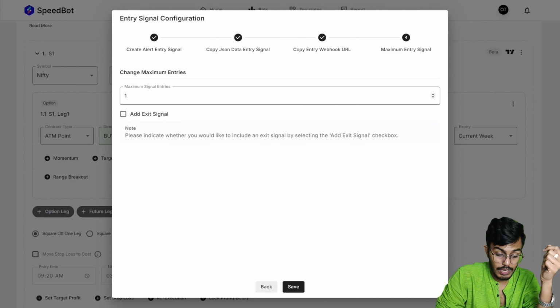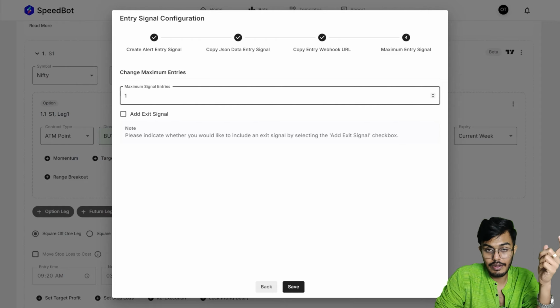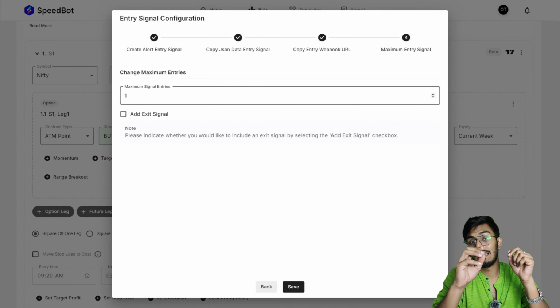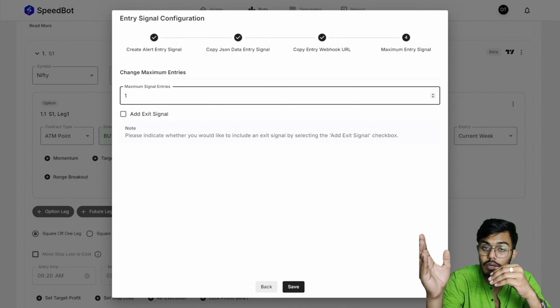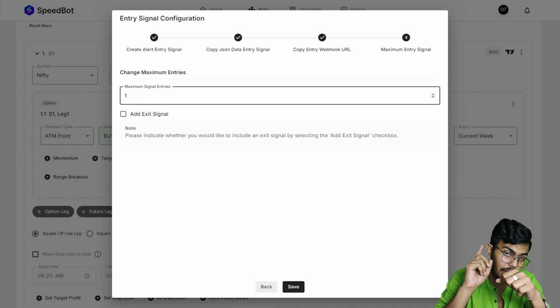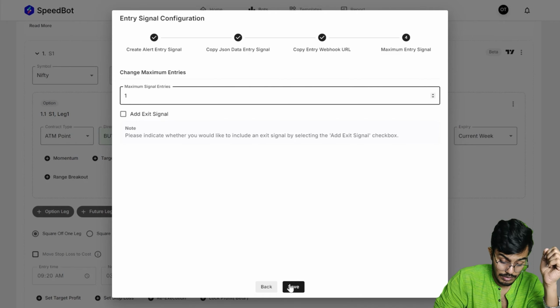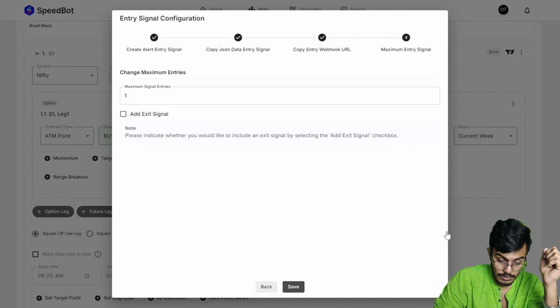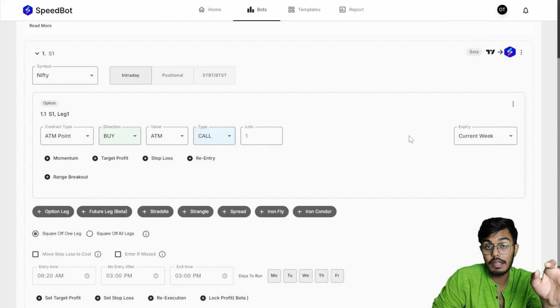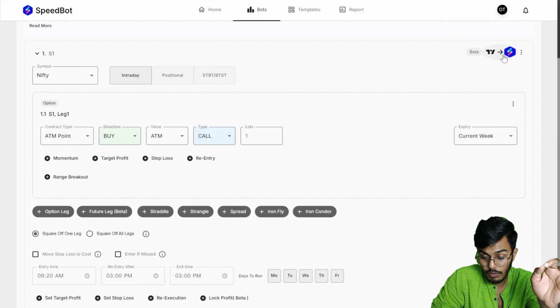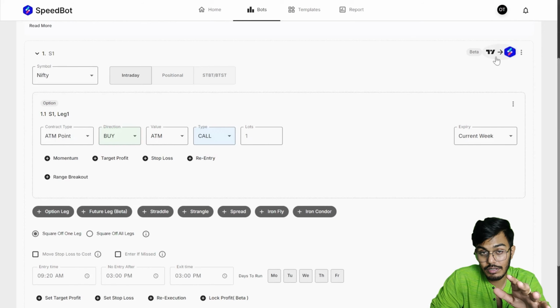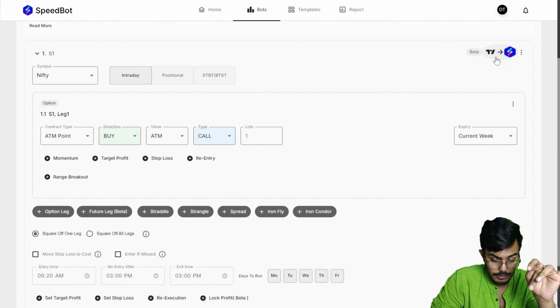If I limit the maximum signal entries to 1, it will omit n number of entries, but it will take the very first entry of the buy signal. So I'll just click on the save button. Once I am ready with the configuration, on SpeedBot I'll be able to see the integration picture over here.